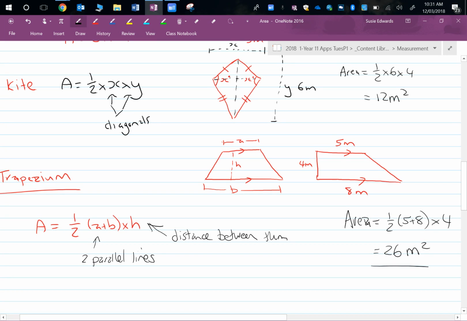And that's your answer. You're saying half of 13 times 4, but a lot of the time it's easier to change it around: half of 4 is 2, 2 times 13.